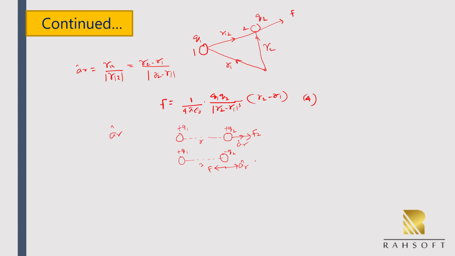Second, if there are a number of charges acting on a test charge Q, then the net force will be the vector sum of the individual forces. We can say F1, F2 and F3 and so on.